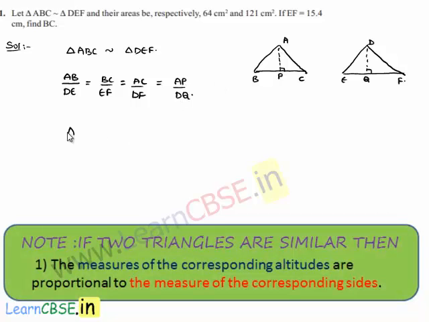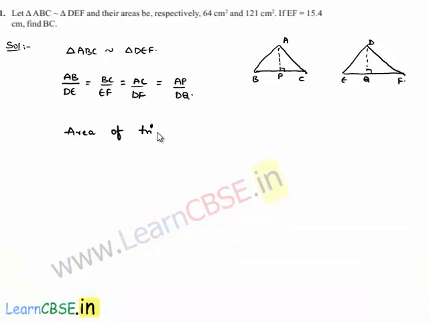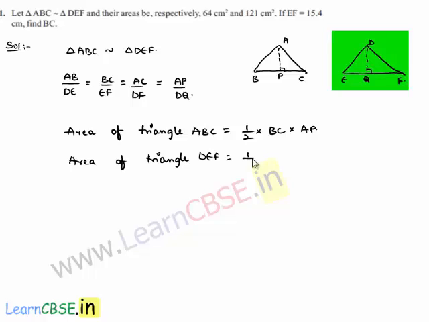We know that area of triangle ABC is equal to half times base, which is nothing but BC, into height AP, and area of triangle DEF is equal to half times base, which is EF, times DQ.